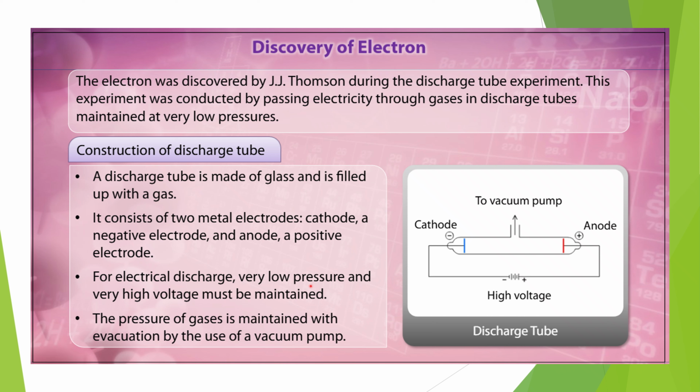Low pressure and a very high voltage, and the vacuum pump was used to evacuate the gas, to reduce the amount of gas present inside the discharge tube, so that we can reduce the pressure present inside the glass chamber, also called the discharge tube.